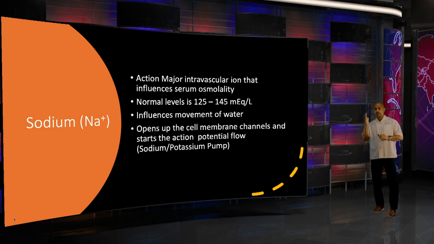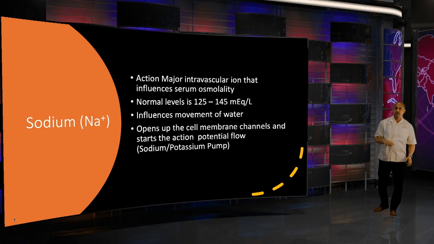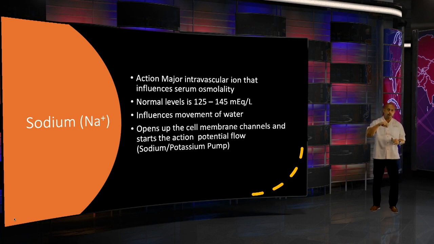So sodium is Na, and people say, well, why isn't that SO, right? Because sodium is represented, we call it natremia. So hypernatremia, hyponatremia is low levels of it. So it is an extracellular ion. It influences the serum osmolality. I always have a problem saying that word.